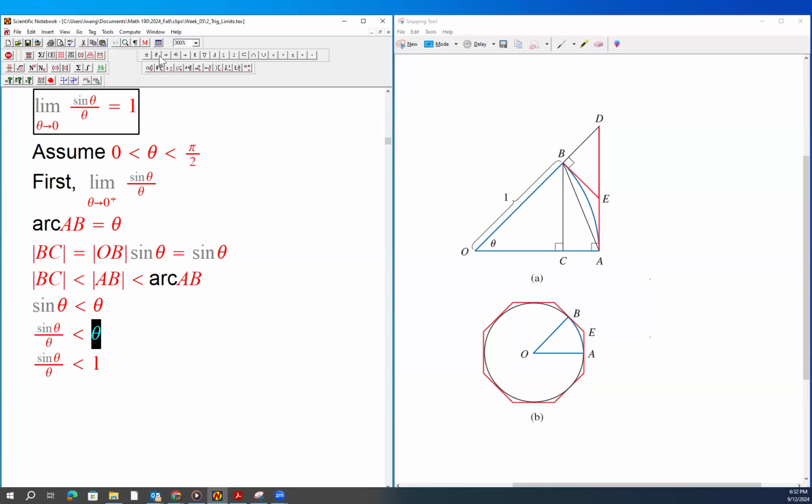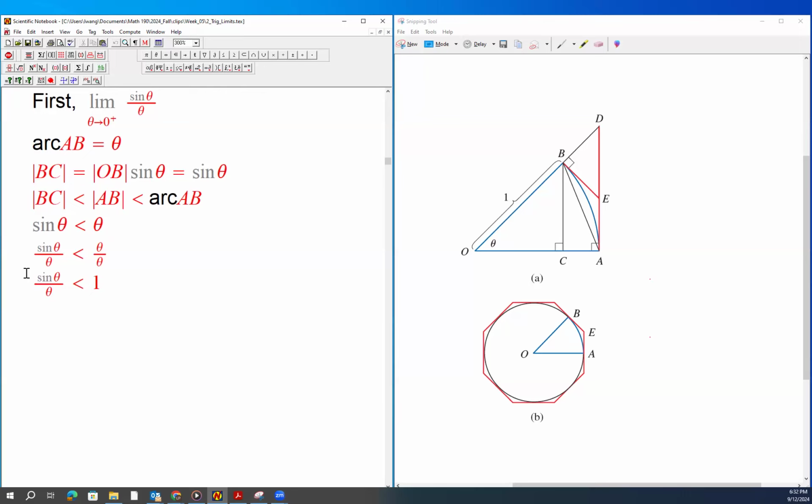That's how we got the next step. So now we have sine theta divided by theta less than 1, and we're working on this limit.